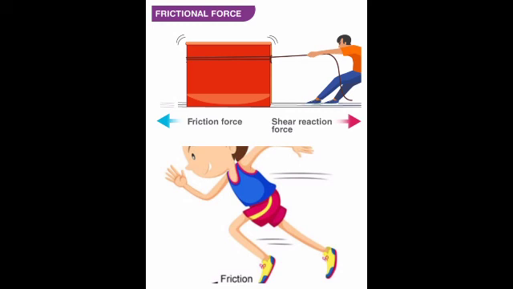Due to the force of friction, we are able to walk on the ground without slipping. On the other hand, an oily or wet floor offers less frictional force and hence one can easily slip on such floors. The force of friction can be increased or decreased as per our requirements.